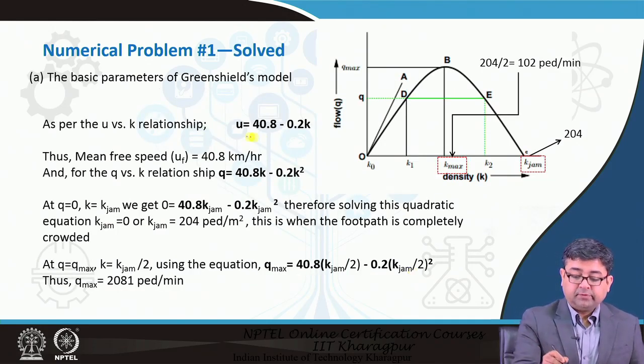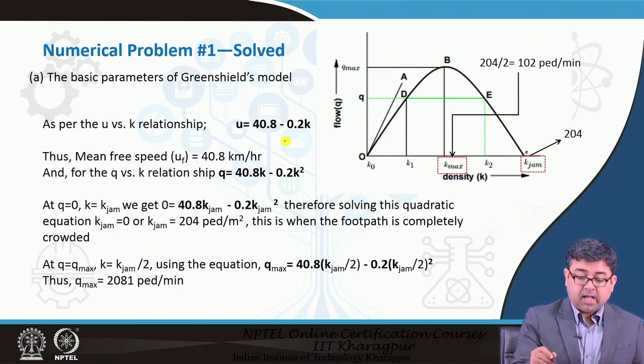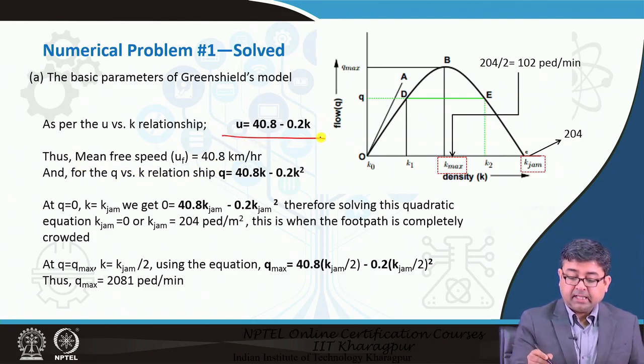Now, we also have to figure out the other two relationships, the relationship between density and flow and speed and flow. As we know, mean free speed occurs when k is equal to 0.